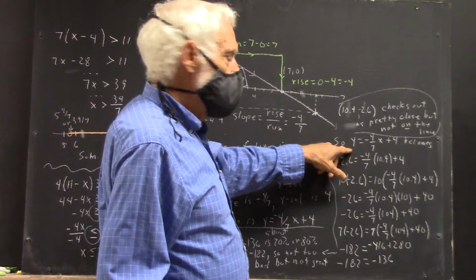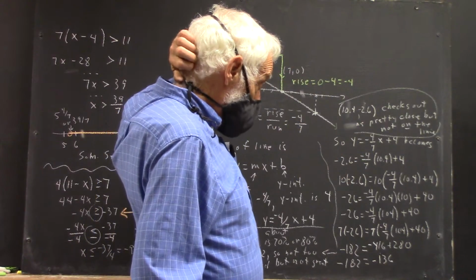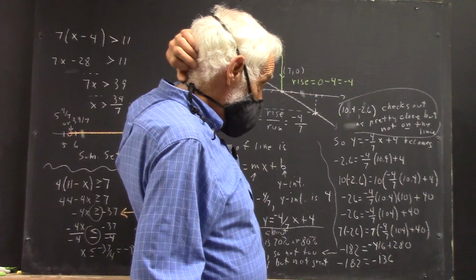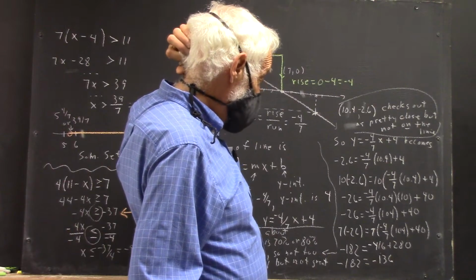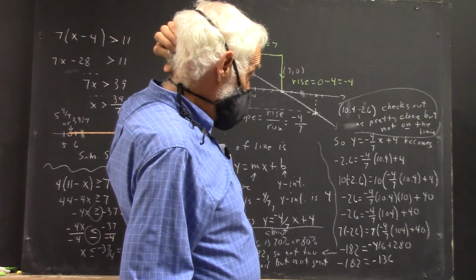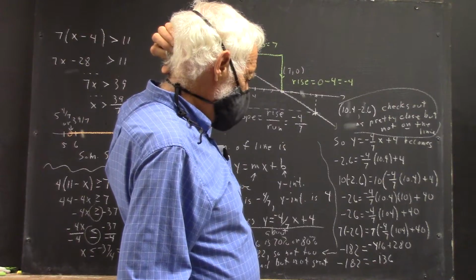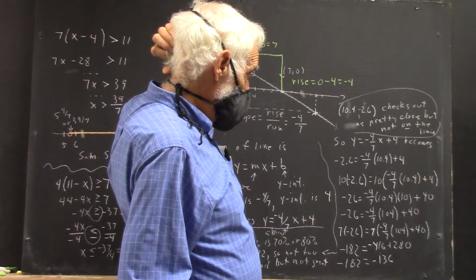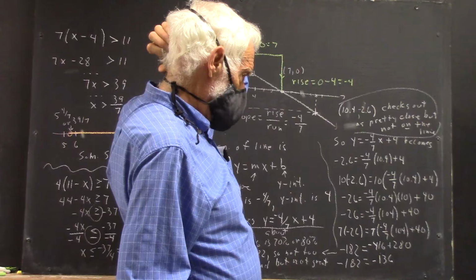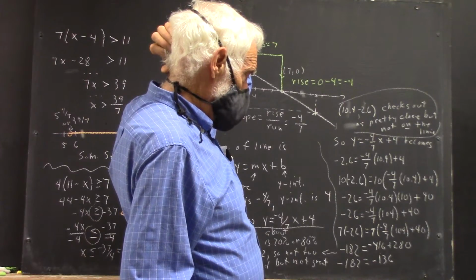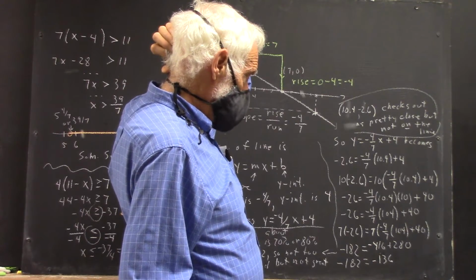let's see, negative 3, this would be negative 3, and negative 47 plus 28. Negative 21.